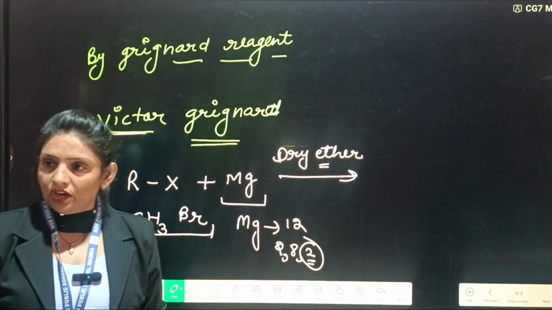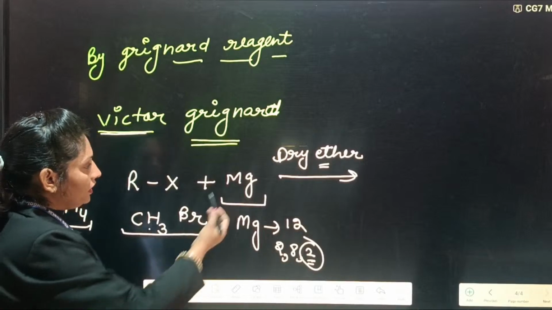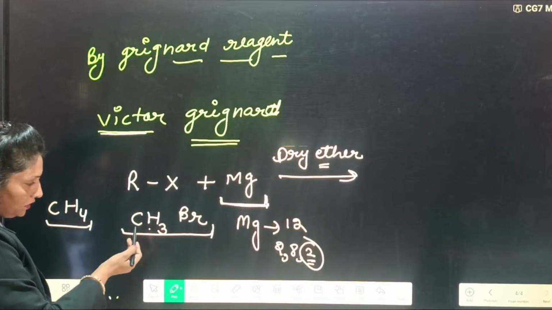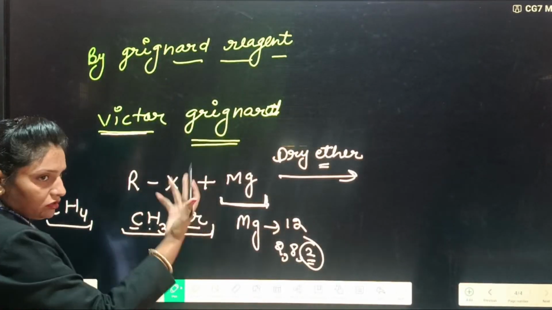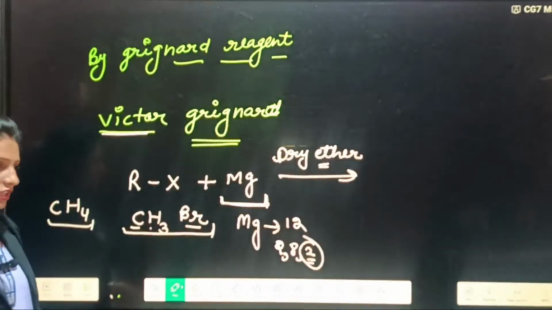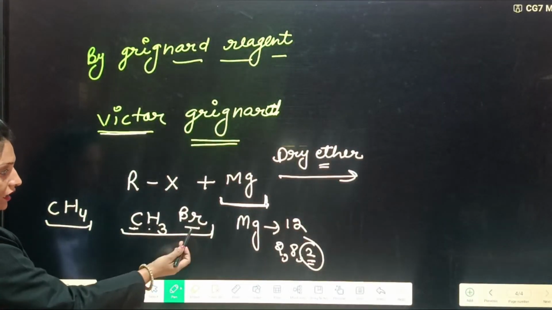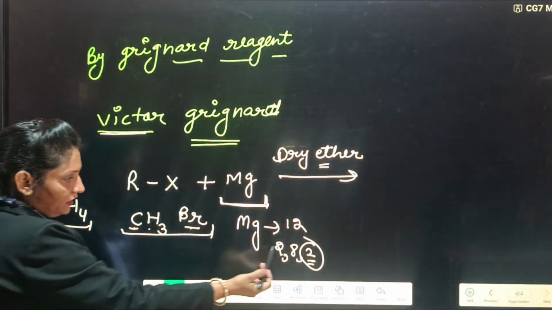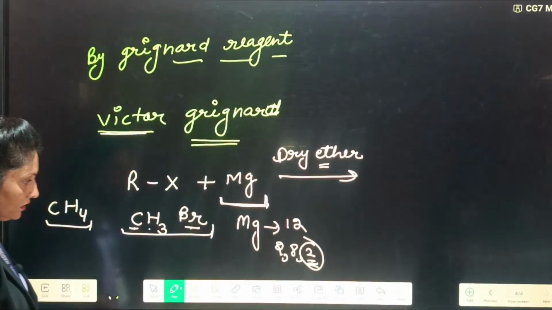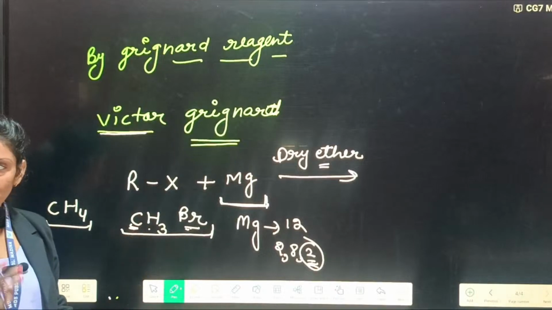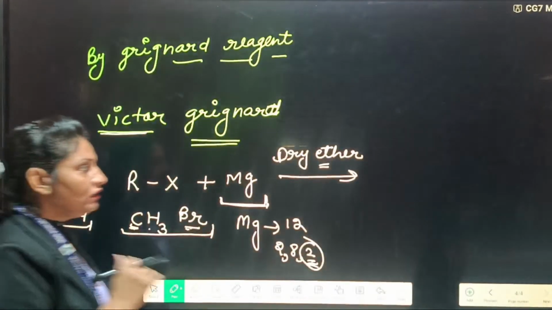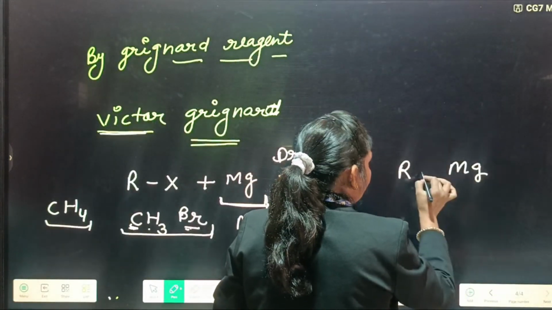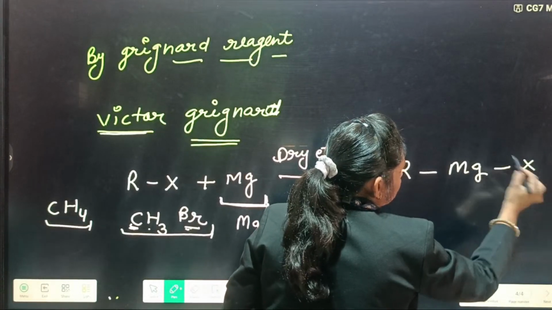Magnesium is more electropositive because it is a metal, and here carbon is a non-metal and halogens are also non-metals, so they are more electronegative as compared to the metal. Carbon and bromine have the tendency to gain electrons. Then finally, this magnesium will give 1 electron to the carbon and 1 to the halogen.